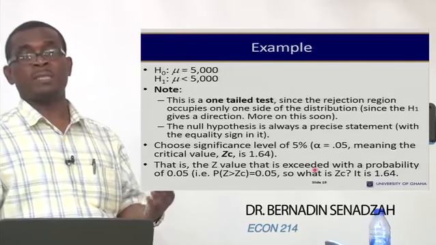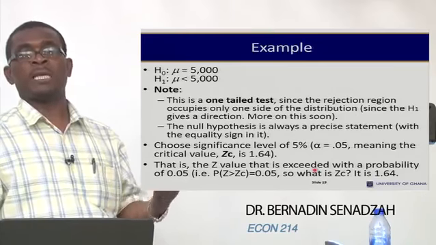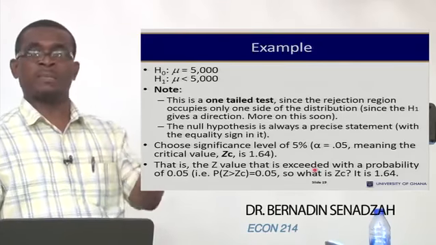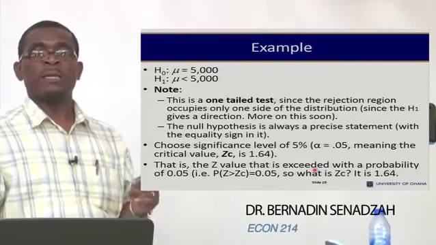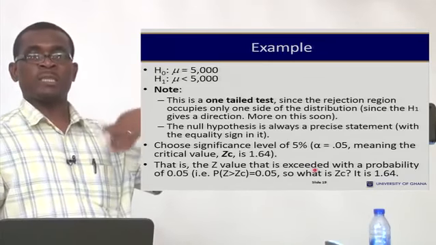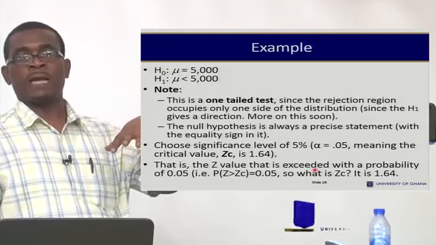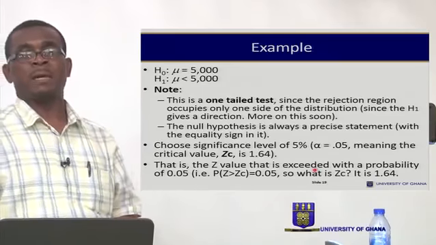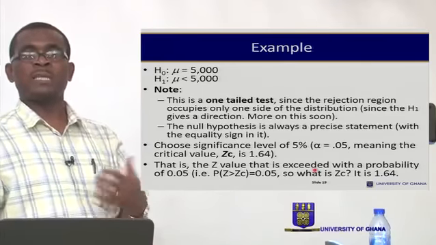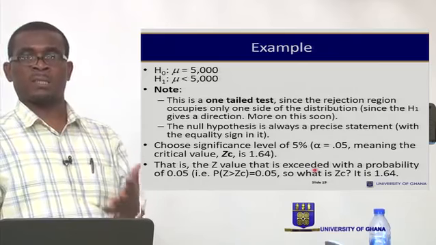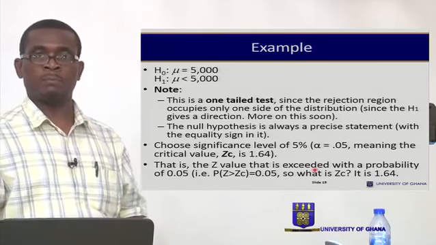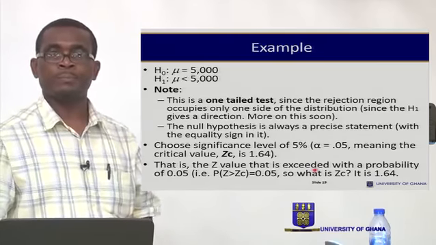So we could have written the null as greater than or equal to 5,000, but it doesn't change anything. Given that we've written the alternative as less than 5,000, we're dealing with what we call a one-tail test. We'll talk about this in detail shortly.